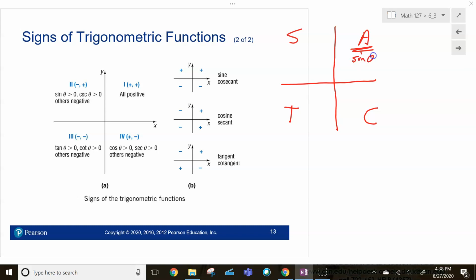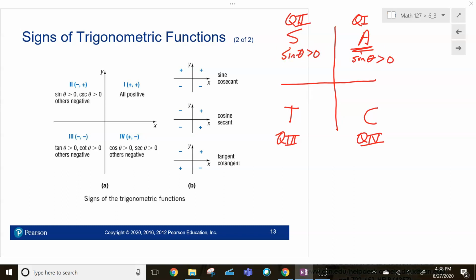Sine is positive because the sine is the y value. The y values are going to be positive in which quadrants? This is quadrant 1, quadrant 2, quadrant 3, quadrant 4. So the y values are going to be positive in 1 and 2. That's where your y values are positive.